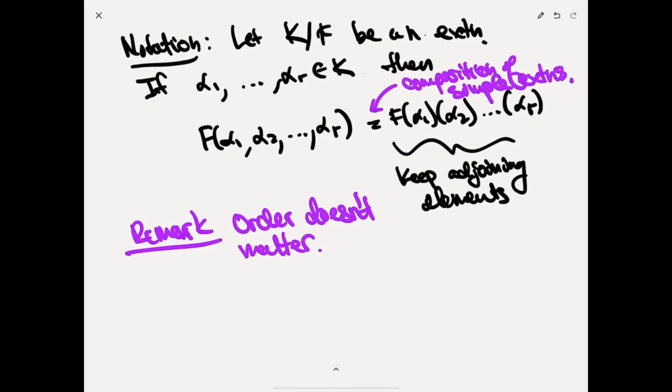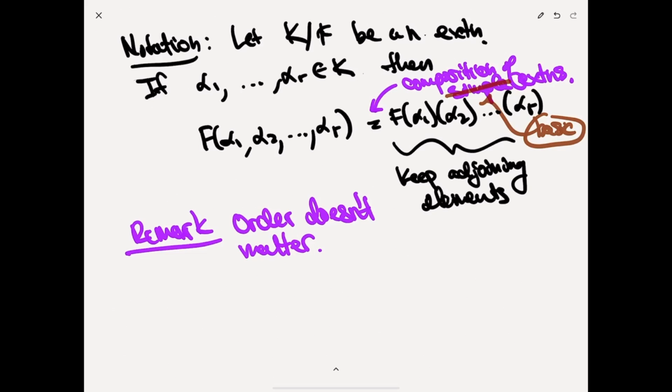Actually, I kind of regret the word simple extension because it might mean something else, since simple might correspond to simple groups later. Let's just call them basic extensions, or primitive extensions.